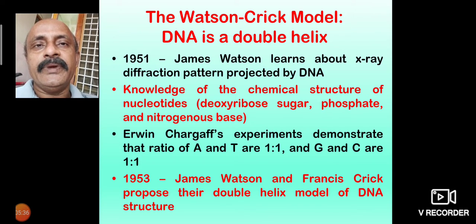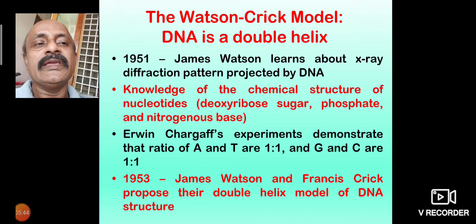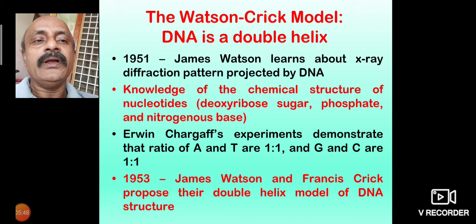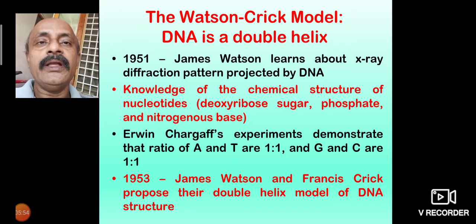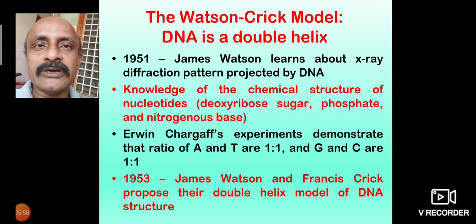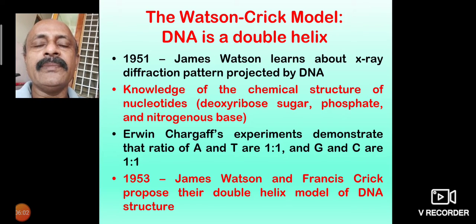Erwin Chargaff's experiment demonstrated that the ratio of adenine to thymine is 1:1, and guanine to cytosine is 1:1. One purine and one pyrimidine bond to bring the two threads close, forming the double helical model of DNA.